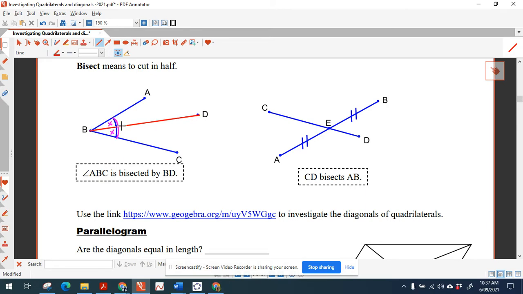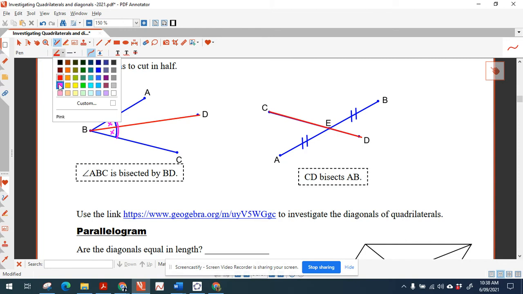The other thing we're going to look at is the bisecting of an interval. So, for example, this line here, CD, so let me just trace over that. That line there, CD, cuts AB, the interval, in half, and that is indicated by these dashes there. If I was to highlight that, let's just do that now.